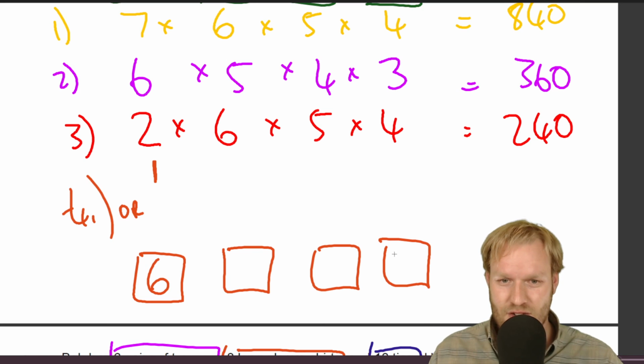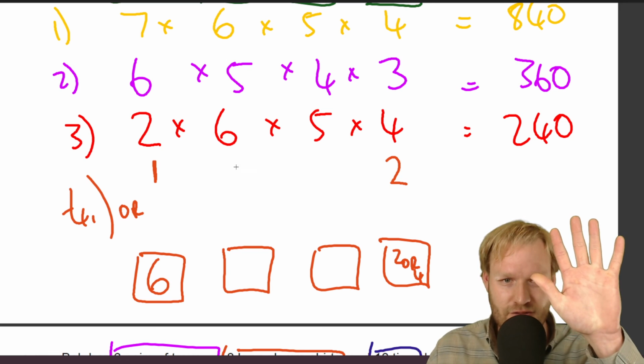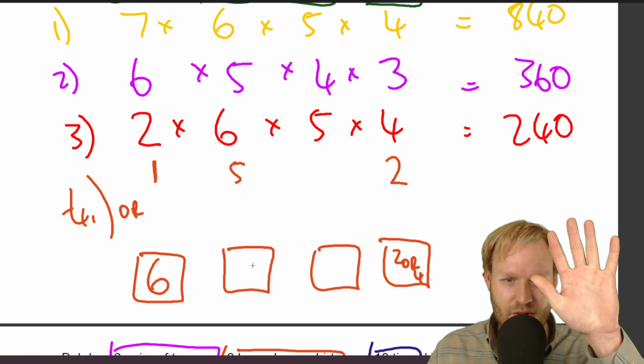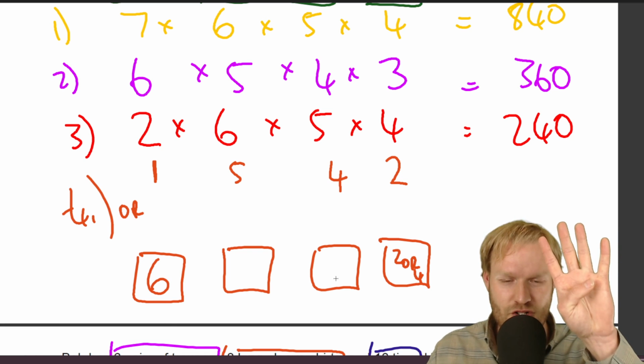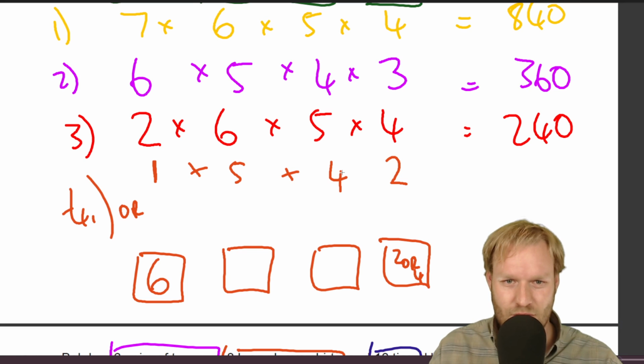If that's a 6, this last one could be a 2 or a 4, so there are two different options for it. We've chosen two of our digits, there are 5 digits left to choose for this one, and 4 digits left to choose for this one. So now we can multiply all of these together.